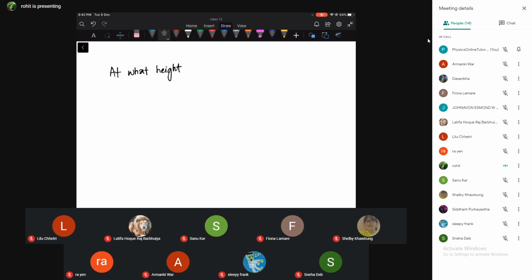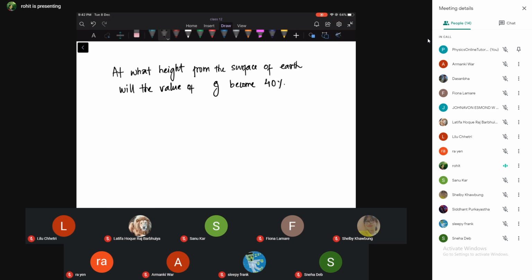At what height from the surface of the Earth will the value of g become 40% of the value at the surface of Earth?